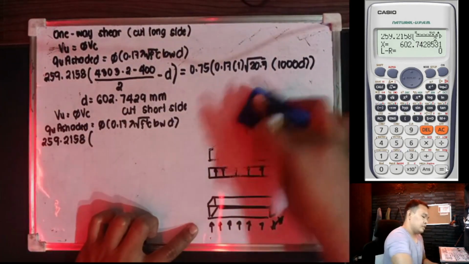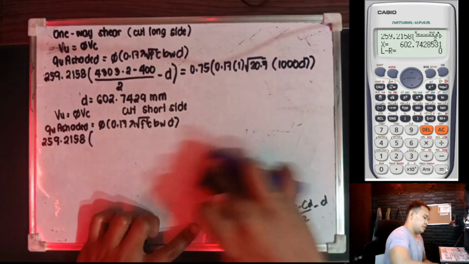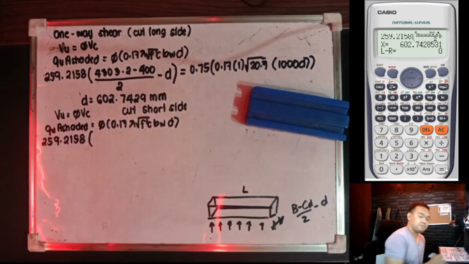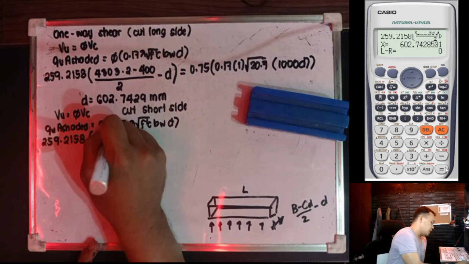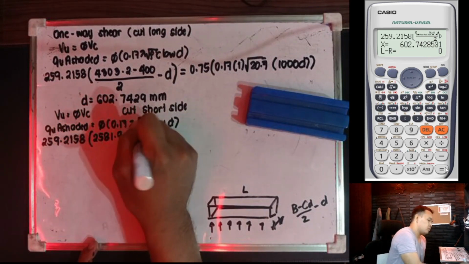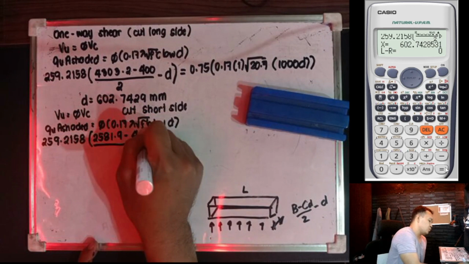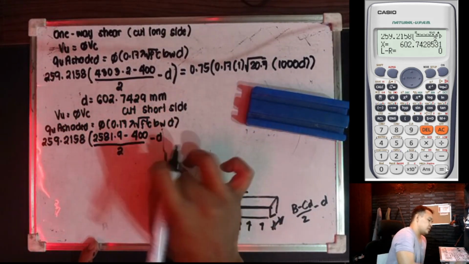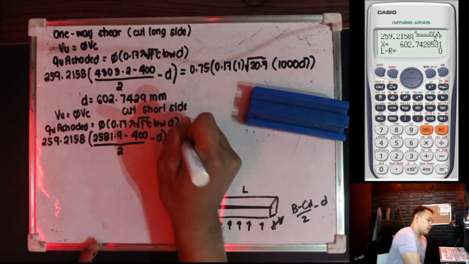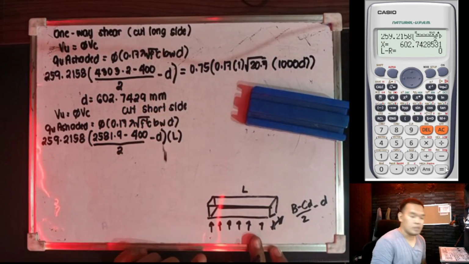Okay? Then we have here the L. So our B, the dimension, is 2581.9 minus 400 divided by 2 minus D times the L. But the L will cancel out later anyway.